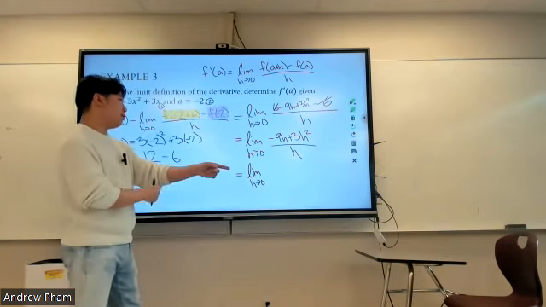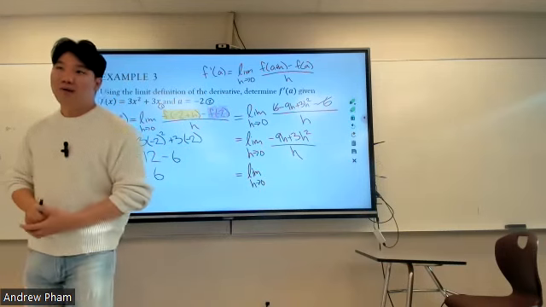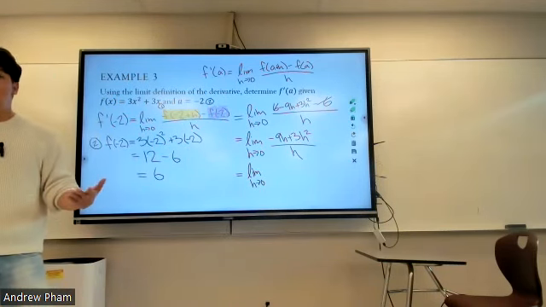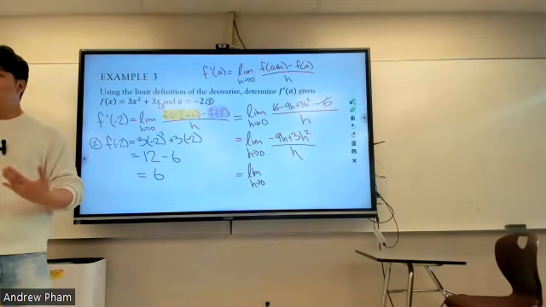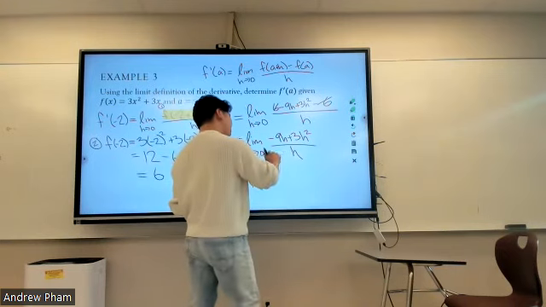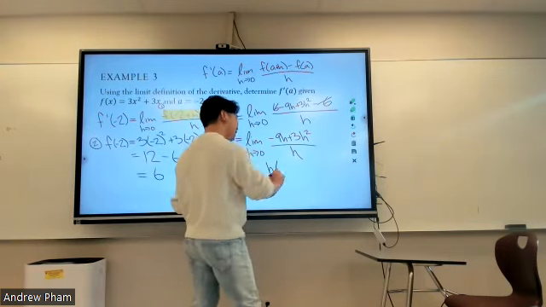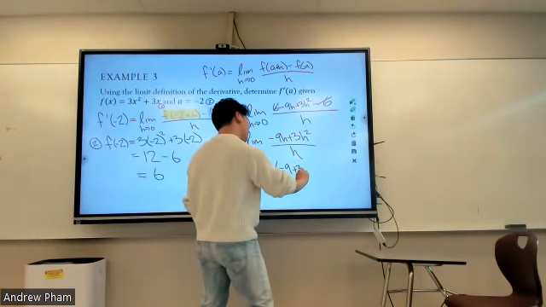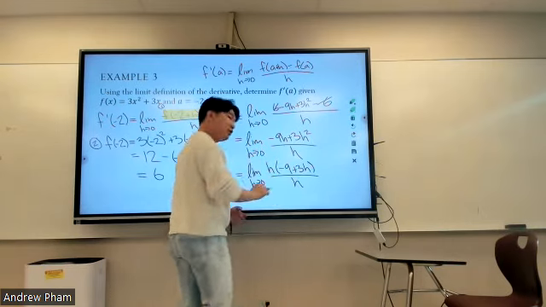Yeah, so if I look at this, the first thing I think we can all agree on is the top, everything has an h. On the bottom, we also have h's. So if I want to write this out a little bit formally, one thing I could do is on the top, I can take an h out, giving me -9 plus 3h all over h.